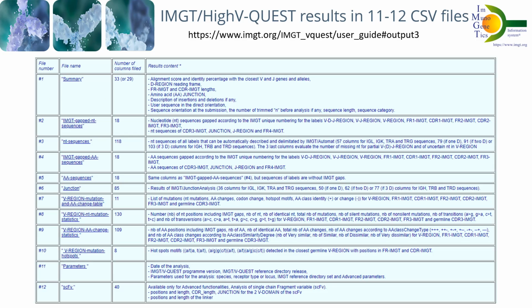To illustrate the content of the 11 or 12 CSV files that compose the classical results of IMGT HighV-QUEST, I chose to refer to the IMGT V-QUEST documentation related to the Excel outputs, since both contain the same data.